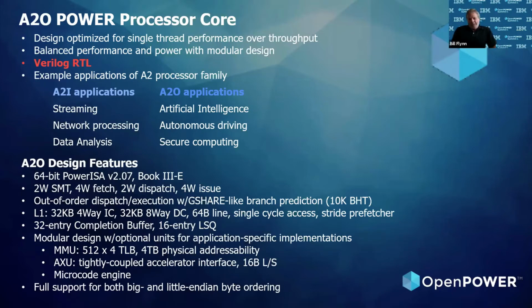So here's a high-level chart of the A2O processor core. As mentioned, it was designed for single thread performance rather than throughput, but with the same overall goals of balancing performance and power and keeping the modularity that A2I had designed in, with configurable accelerator, MMU, microcode, and such interfaces.